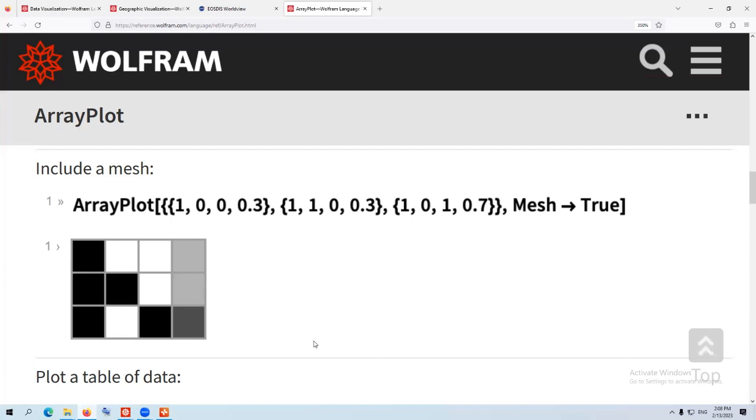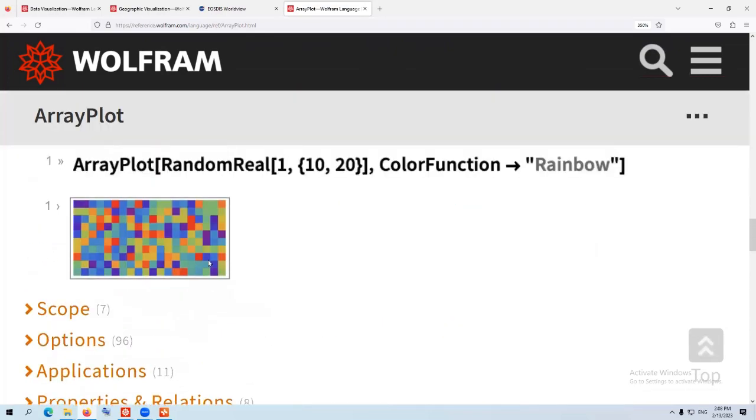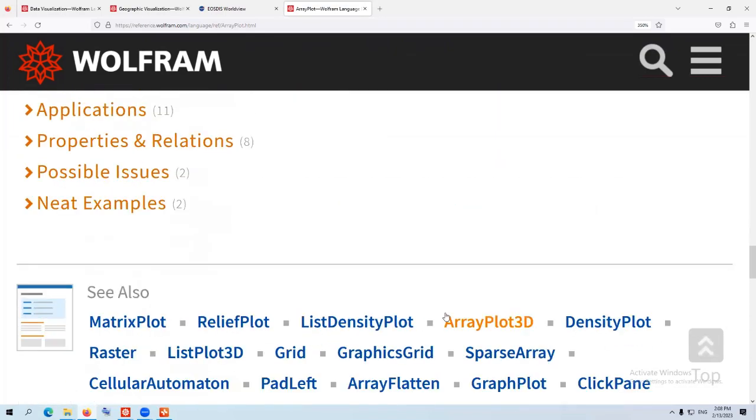If it's random, then it's almost like a public place, people just know each other randomly, maybe like after COVID. These are visualizations of data that immediately give you an impression or interpretation of what's happening. So this is very good for social network analysis. Okay, array plot.